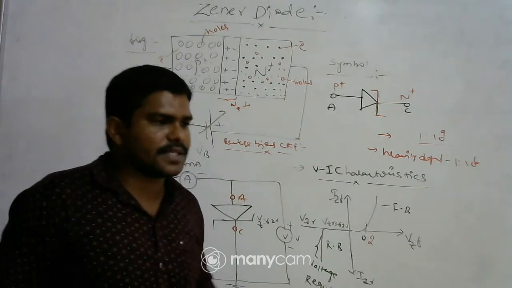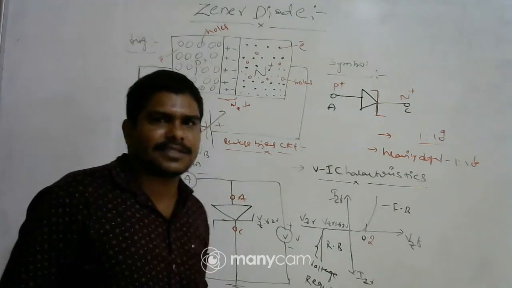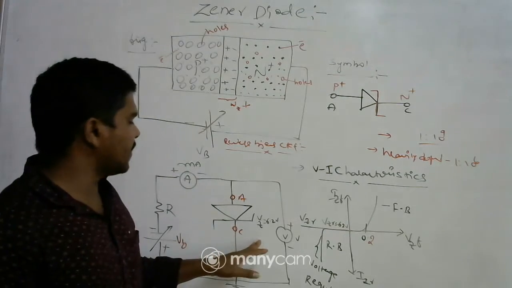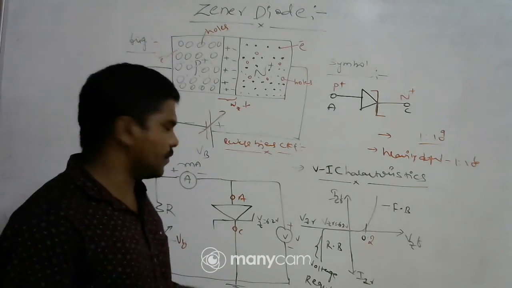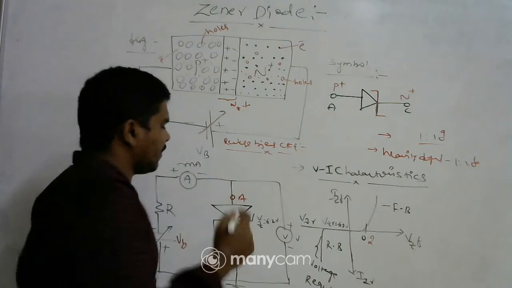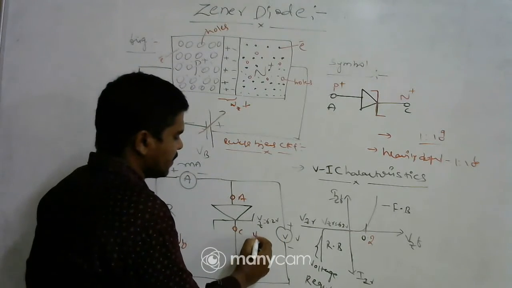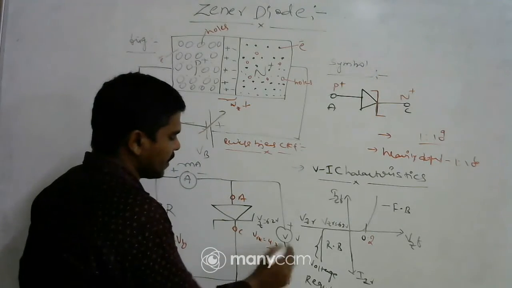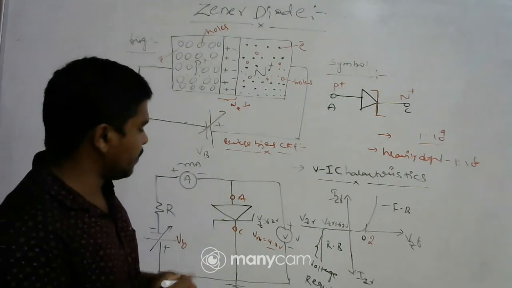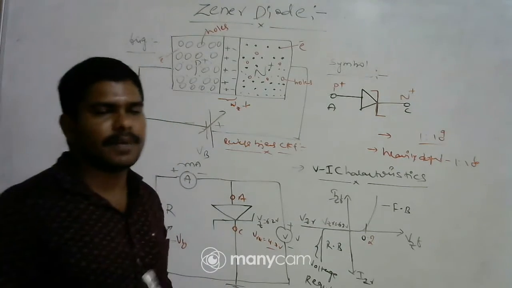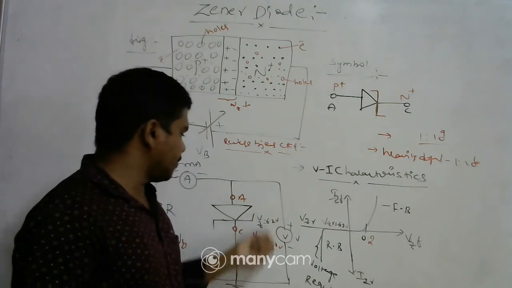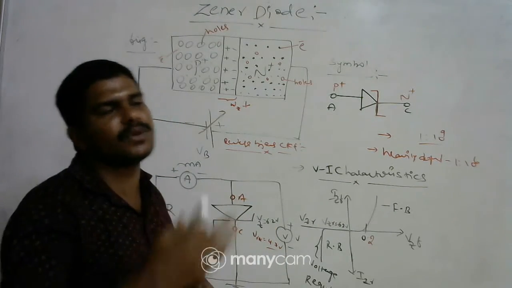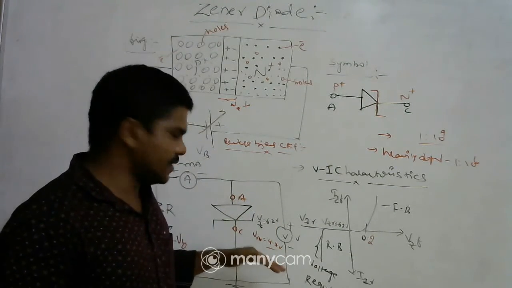That is the specification. The manufacturer, based on the doping concentration level, gives the rating of the diode. For example, one Zener diode may have 6.2 and another may have 4.7. This kind of rated diode is available in the market. This representation, 6.2 or 4.7, is nothing but the voltage after which the voltage will be constant.